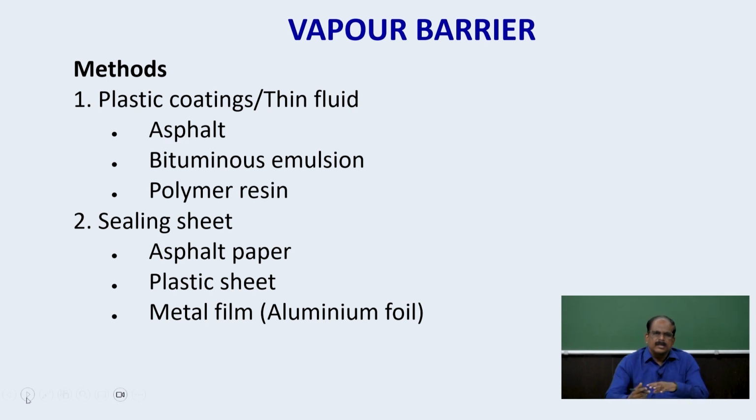Not only the vapor barrier, some of the topics which I have discussed in this lecture, especially the palletization, the vapor barrier, the type of insulation, the learners need to know the function of that particular material or component, and how it assists the designers while designing the cold room. Plastic coating or thin fluid: under that, asphalt, bituminous emulsion, polymer resins are used. Sealing sheet: asphalt paper, plastic sheet, metal film, that is the aluminum foil, is used.